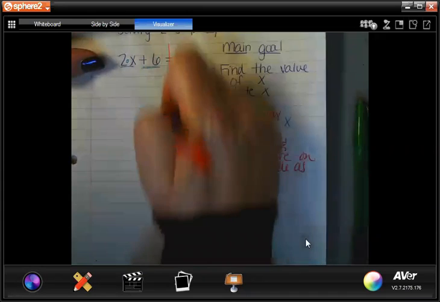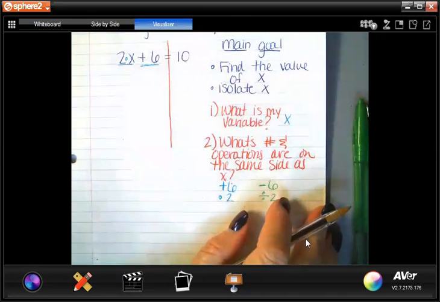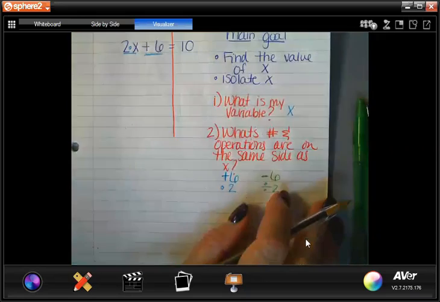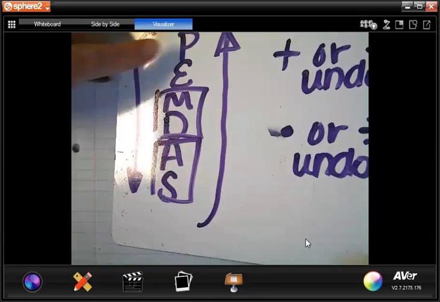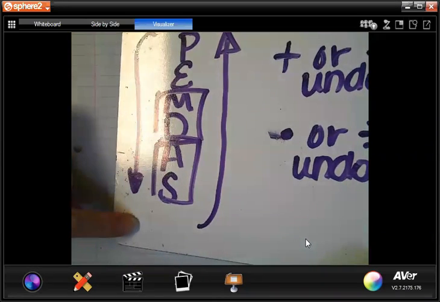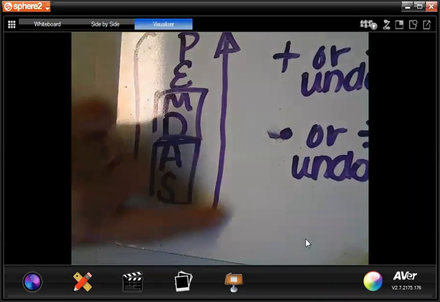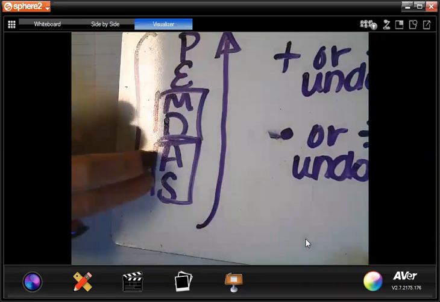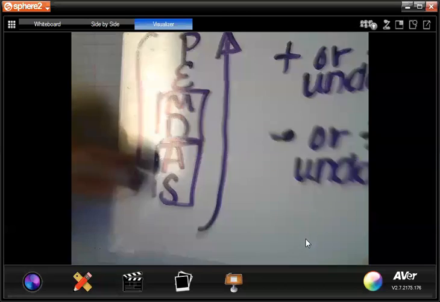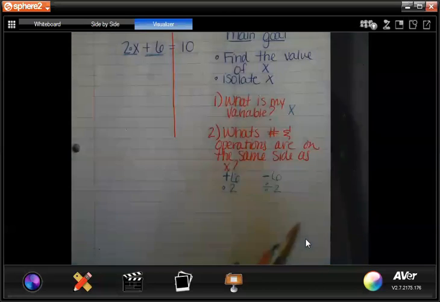Well, first step, I'm going to build my Great Wall of China. Draw that line in. As you know, with PEMDAS we did it this way when solving problems, and we do this when we're undoing it and solving equations. So we start with undoing the addition or subtraction first.